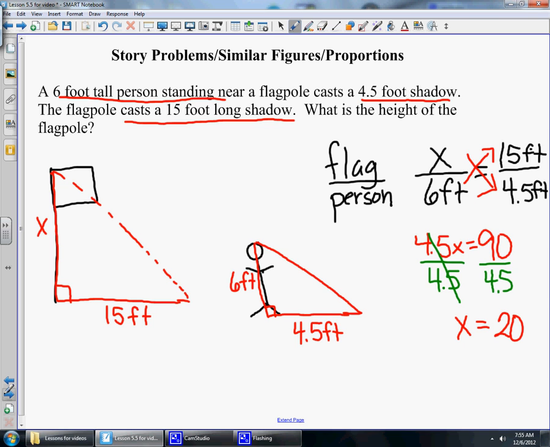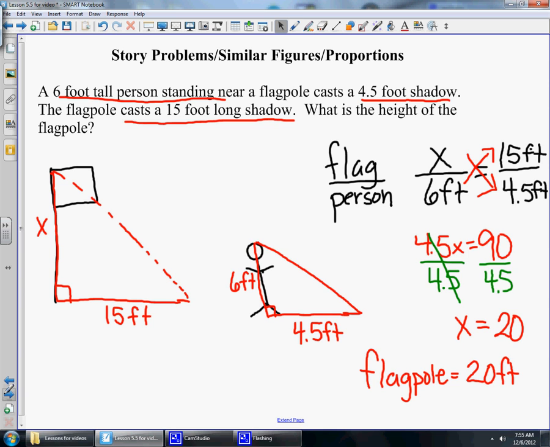So that means that the flagpole is 20 feet in height.